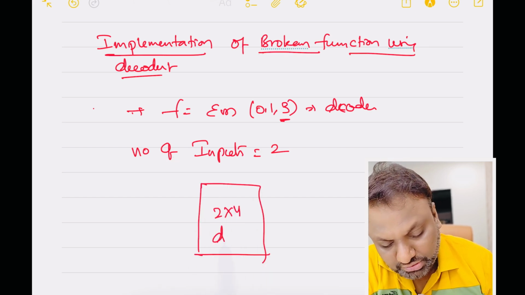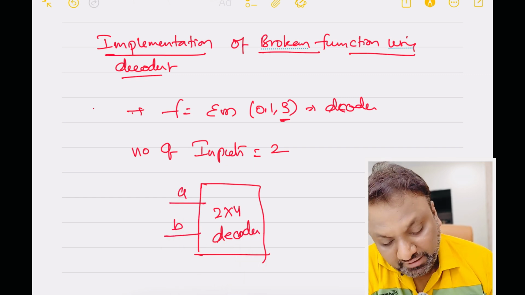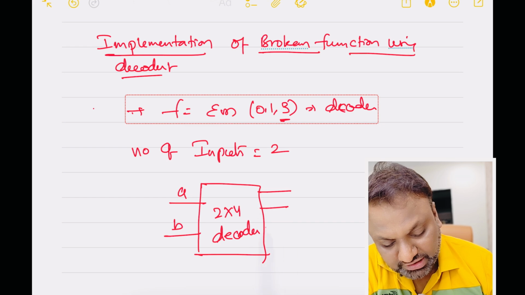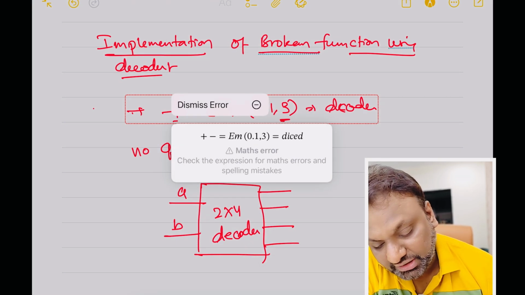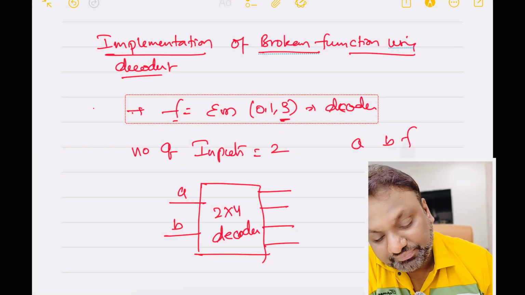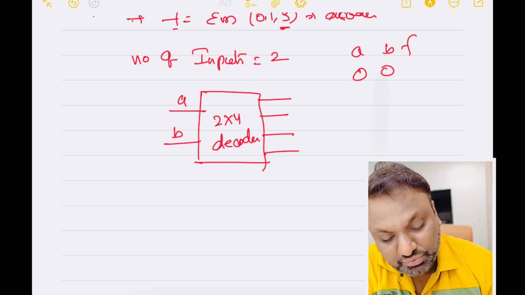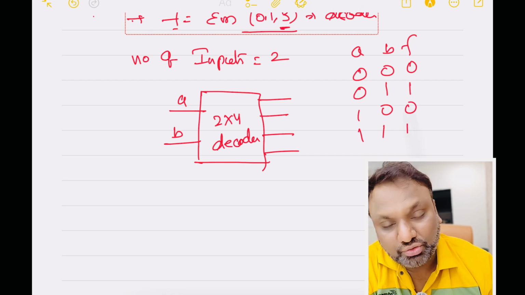2 to 4 decoder. Okay, 2 inputs A and B, and what are my outputs? I have 4 outputs. Initially, if you see, I have only one output, F. This is A, B and F: 0 0, 0 1, 1 0, 1 1. Now this is 0 1 3, that means at 0, 1 and 3 I have a 1 output, right?